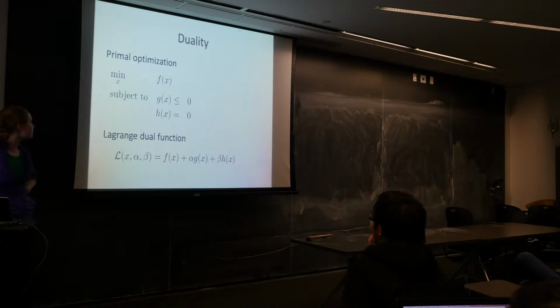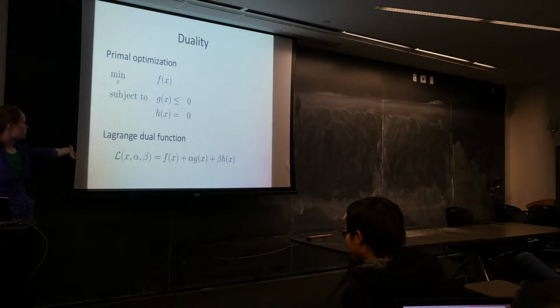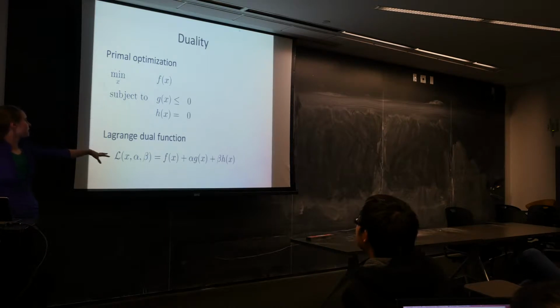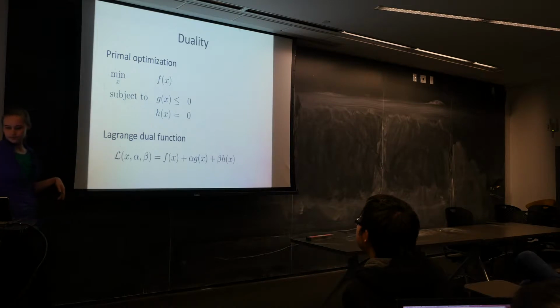So just to remind you about duality, which comes into play for SVMs, you have this primal formulation subject to these constraints. You can form your Lagrange dual function, which is your objective plus these Lagrange multipliers times each of your constraints.